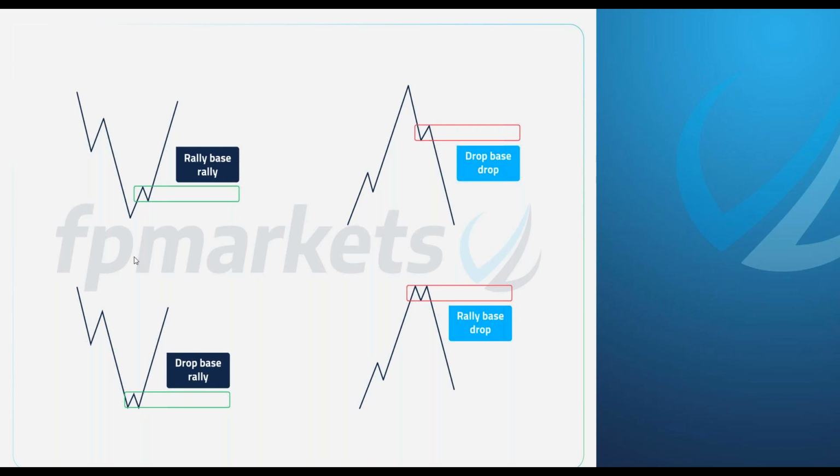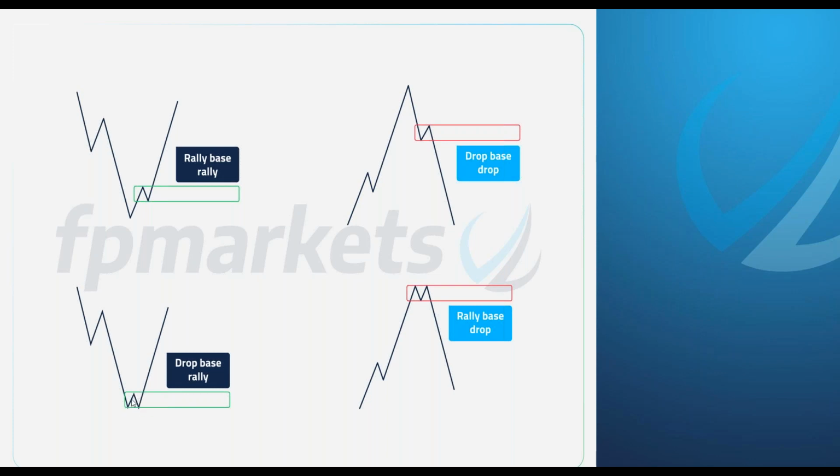So onto the drop base rally. This forms what's known as a bottom or a cap on the chart. It's a basic configuration, and it's constructed in the form of initial lower lows, lower highs, lower lows, lower highs, lower lows, lower highs, and then we eventually transition into a base.